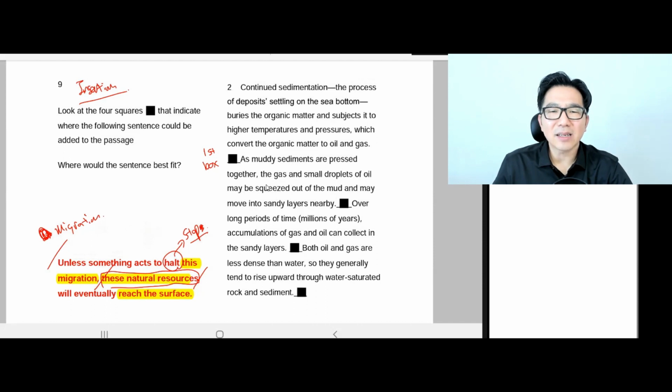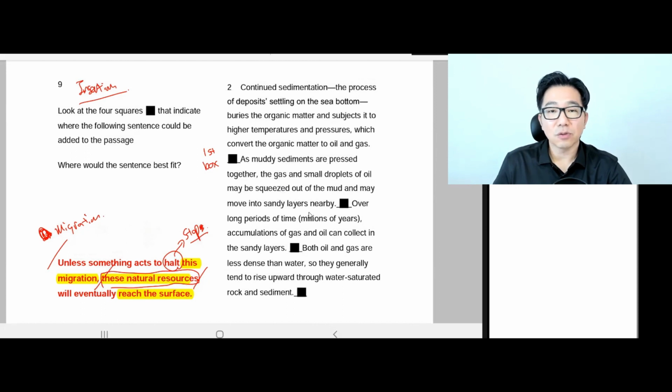Does this give us enough hint to believe that because of this, it will ultimately reach the surface? No. How about these natural resources? Gas, oil, yes, natural resources are covered, but I don't see how this sentence ensures it will ultimately reach the surface.